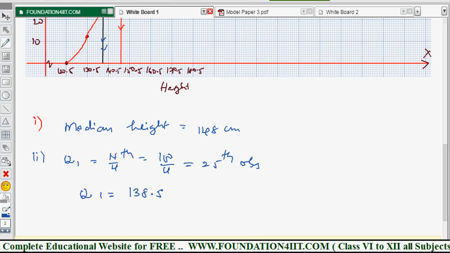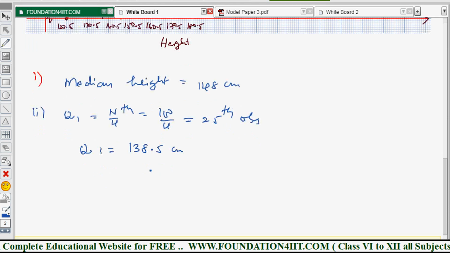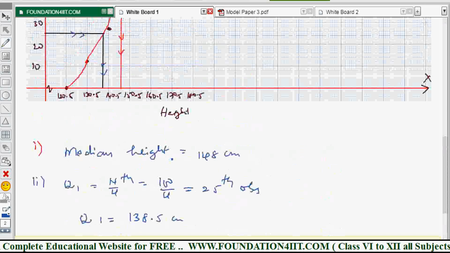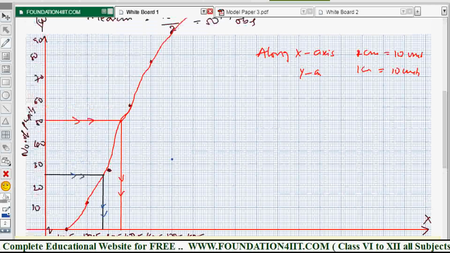So 138.5 centimeters. Then the upper quartile, because you want the range, you need to find Q1 and Q3. So Q3 is equal to 3 by 4 into the nth observation. That is 3 into 100 by 4. That is the 75th observation. Then we can find Q3 using this 75th line. So from 75th, take a straight line.